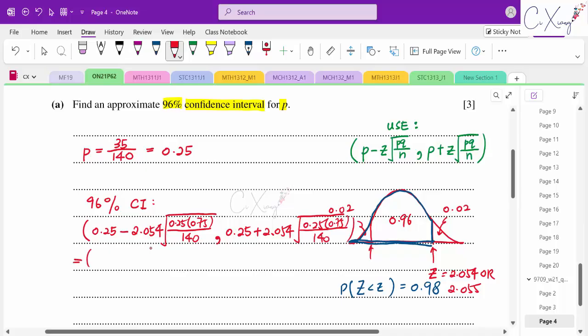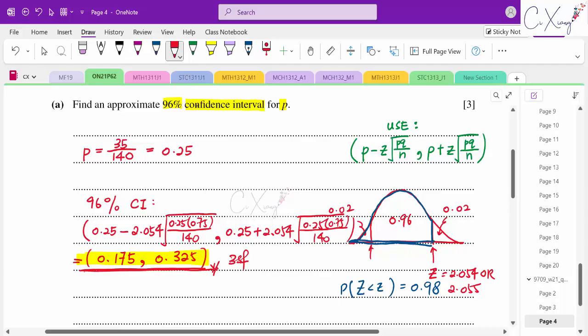Definitely when you press the calculator, it will give you a very long value as the final answer, but we have to cut it short to three significant figures, where the answer should be 0.175 and also 0.325. Don't forget to give the answer in three significant figures.